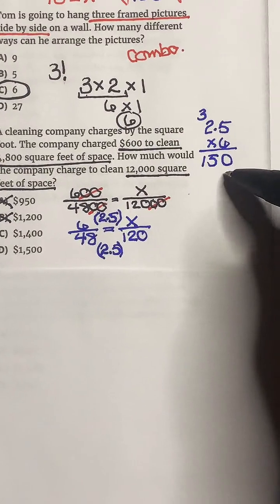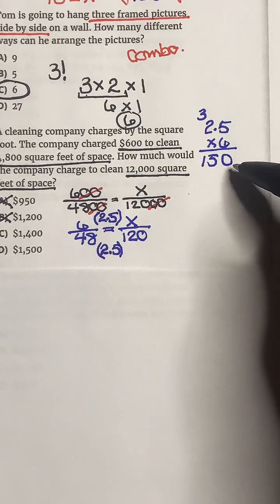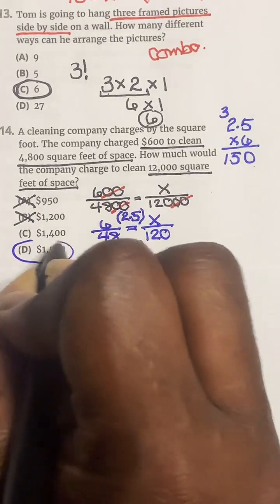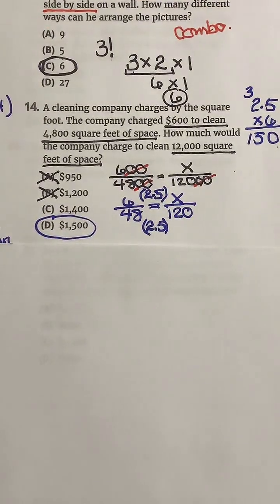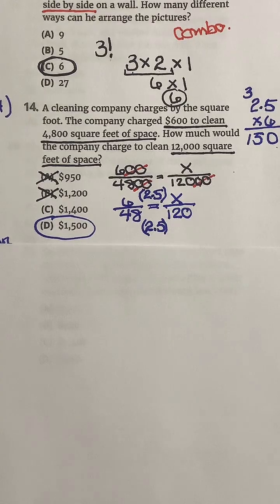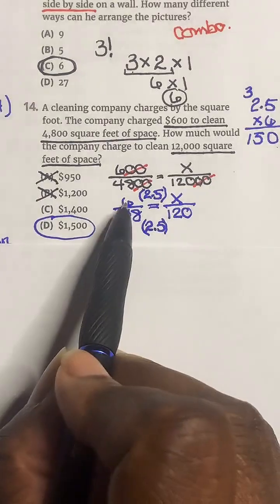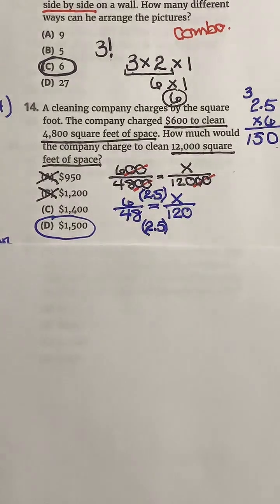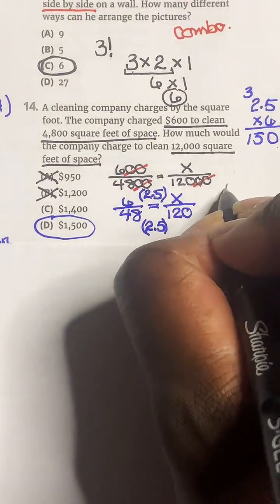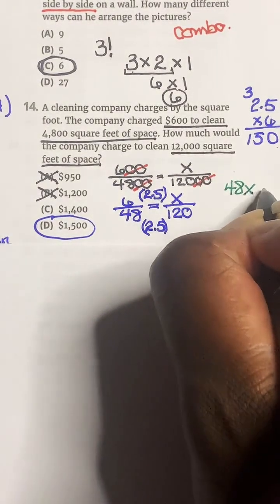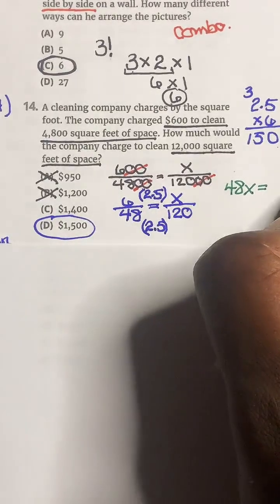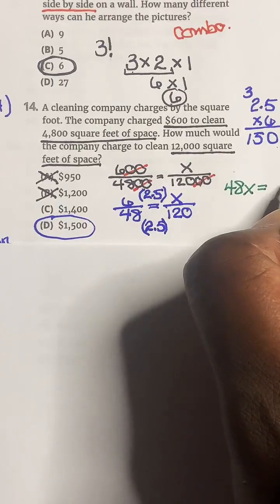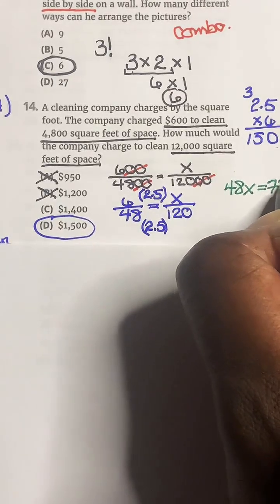This gives me an idea, but then I've got to bring those zeros back, right? So it's going to be D. And if you can't see it that way, you could cross multiply. 48 times x, and then 120 times 6, which is 720.